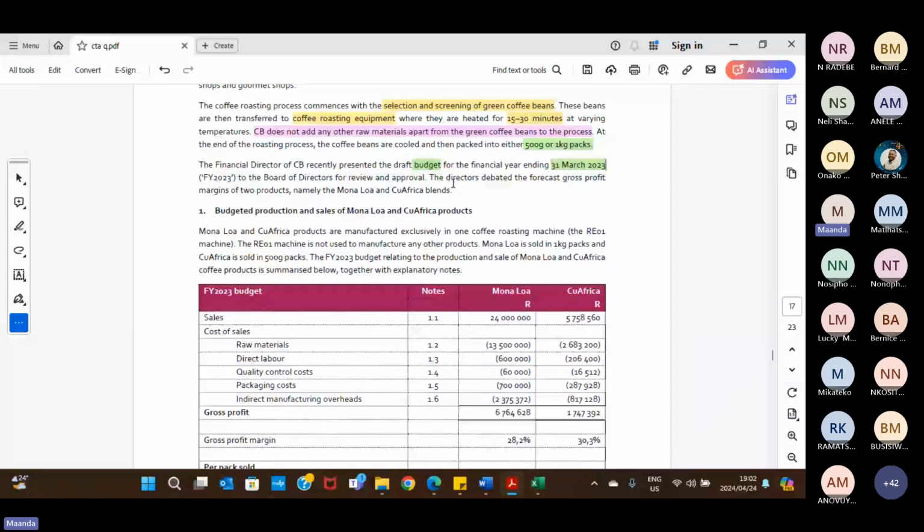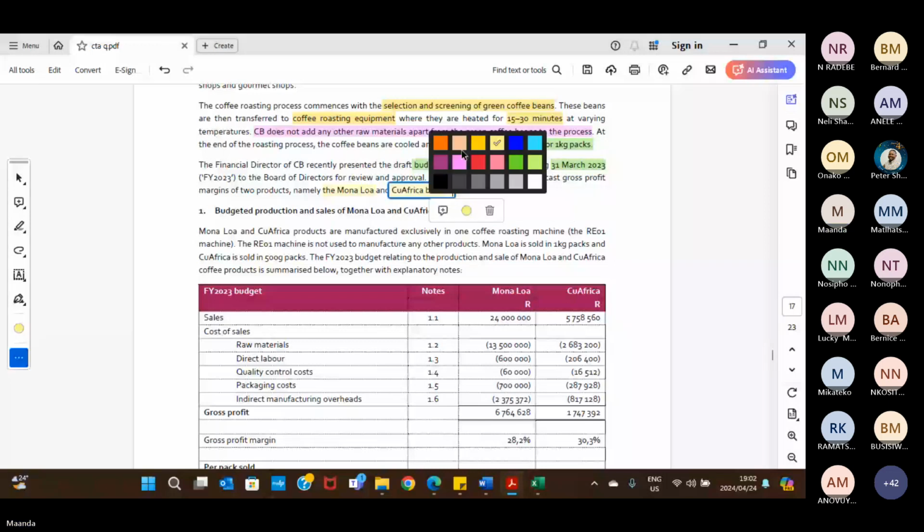The directors debated the forecast gross profit margins of two products, product M and product C. So we have those two products, and they were debating the gross profit margins of the two products.